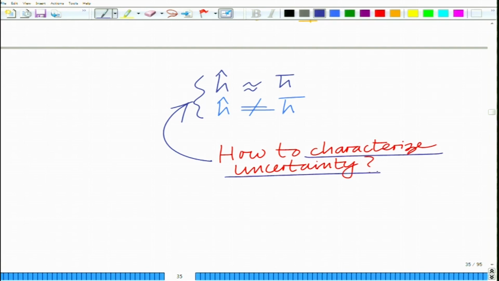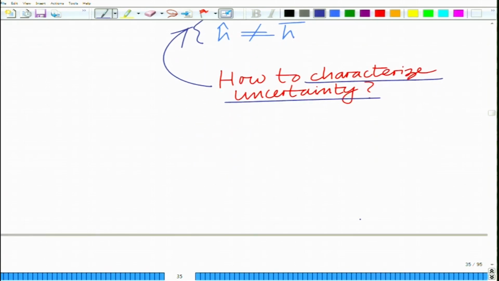What one can say is that h hat, this estimate, lies close to h bar, or h bar, the true channel, lies close to the estimate h hat. We can say that h bar lies in a region of uncertainty around h hat, and this region is frequently modeled as an ellipsoid.